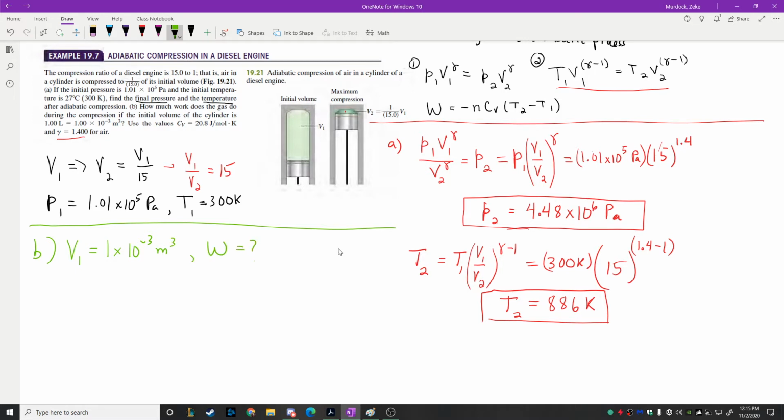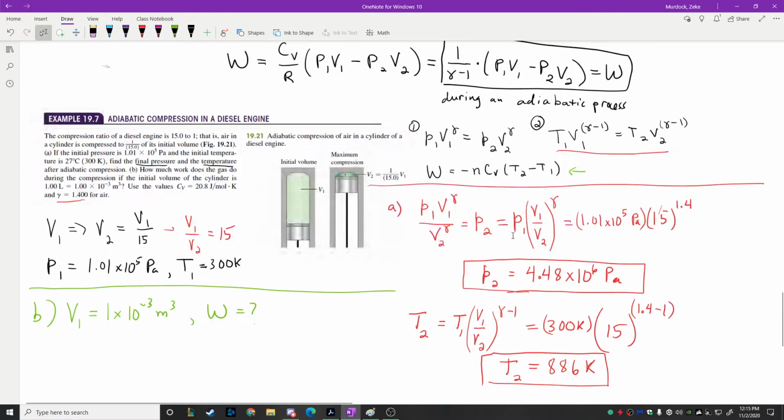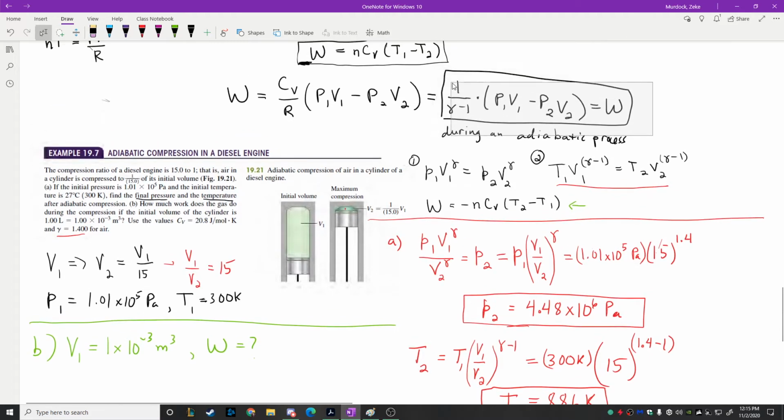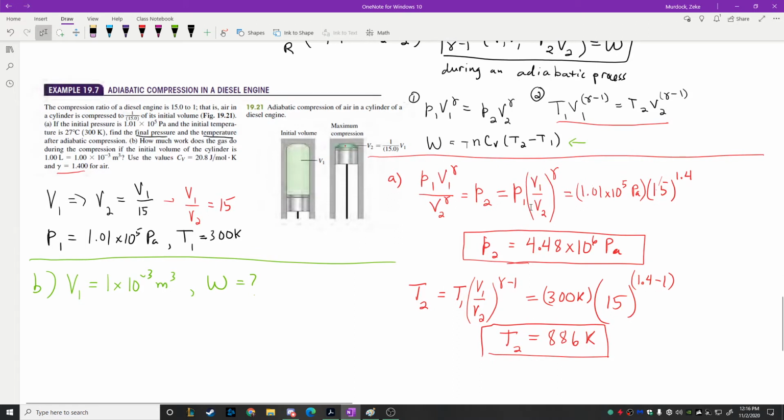And for that, we have that equation right there that we can use. There's another version of the equation as well, which is right here. Seems a little more complicated to me to use this one. So let's just use the temperature difference times the molar specific heat and times the number of moles. Do we have the number of moles?